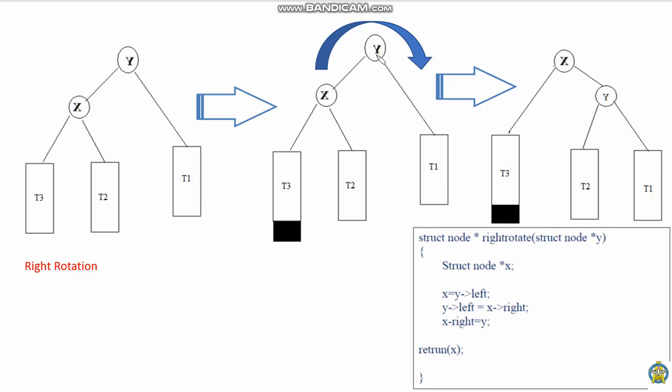So here you can take the same words and replace all the right and left mutually. So y gets pushed to the right and x goes up. So that is the operation. So we have x now and T3 here. So x is pushed up and y goes to the right and down.